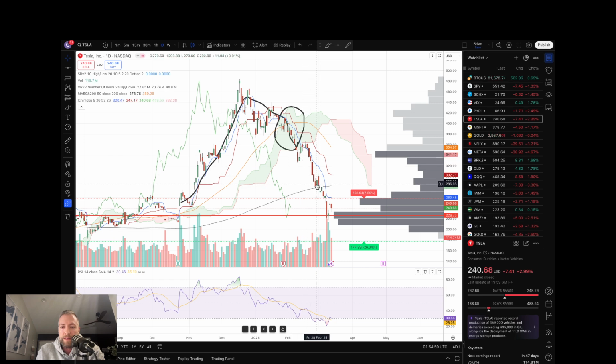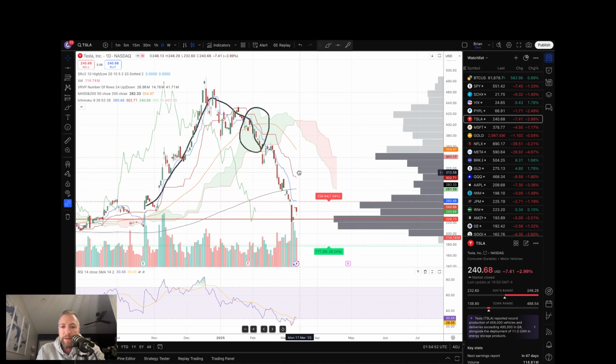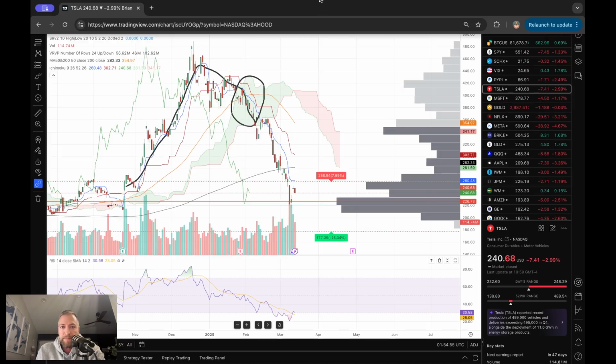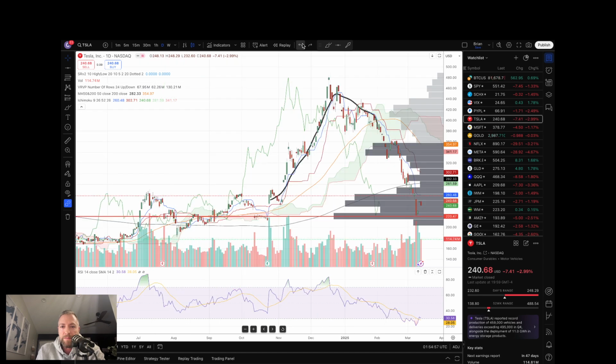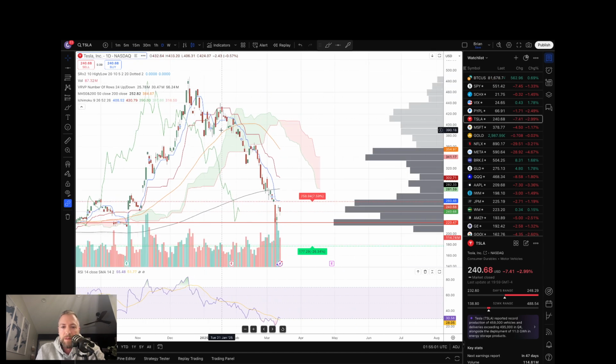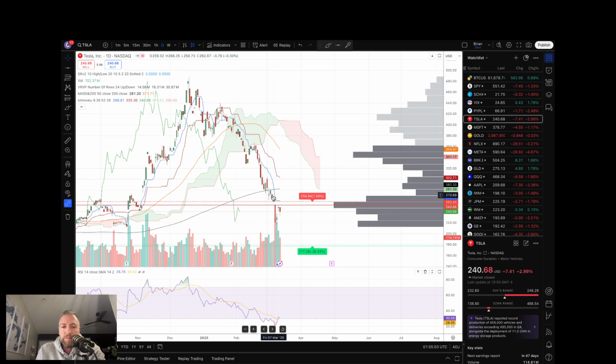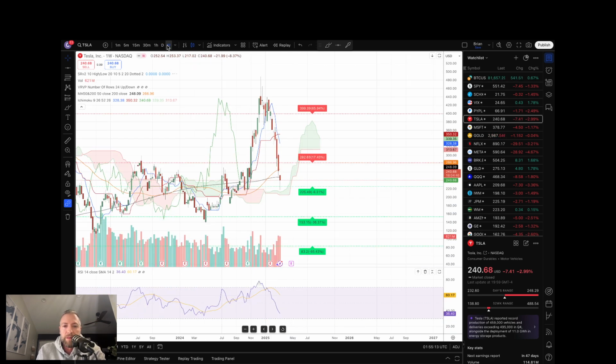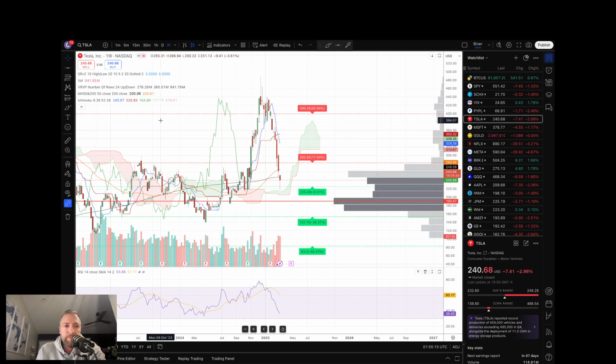Like I said, this is Tesla right here. Let's see. Tesla broke below the 200-day moving average. Next resistance on the daily, it's 177. We have a lot of volume profiles, so still see what happens with that one.